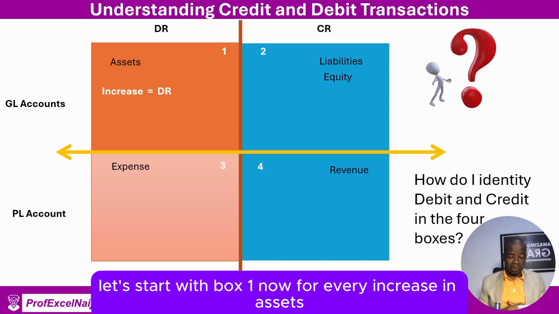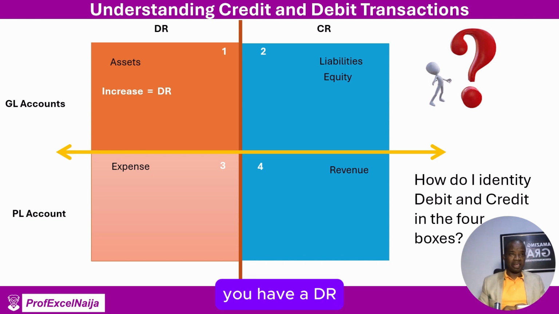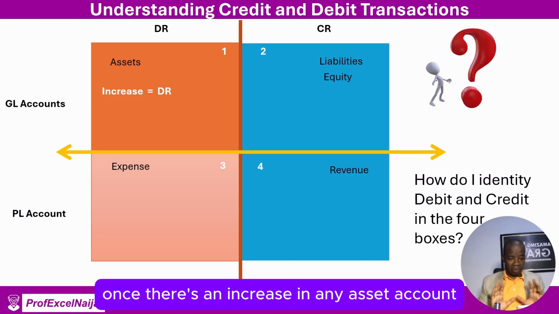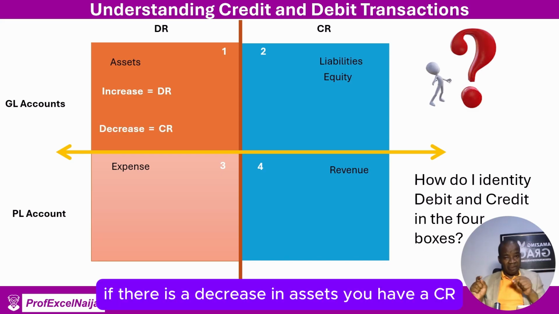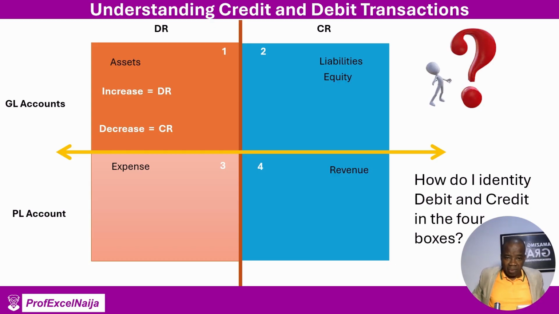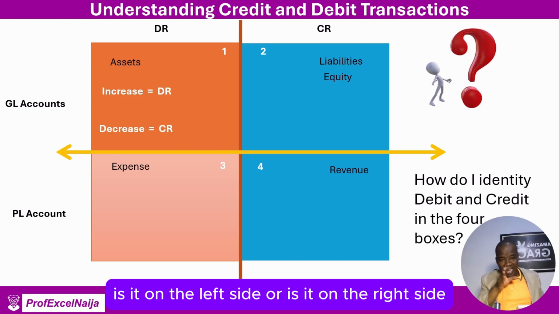Let's start with box 1. Now, for every increase in assets, you have a DR. Once there's an increase in any asset account, you have a DR. If there's a decrease in assets, you have a CR. Please take note. And all you need to know is the position. Is it on the left side or is it on the right side?